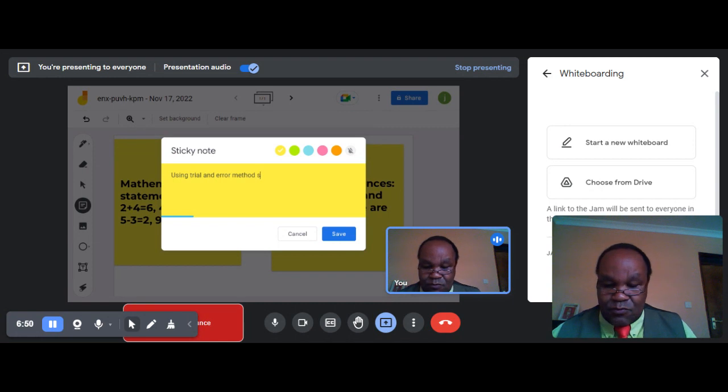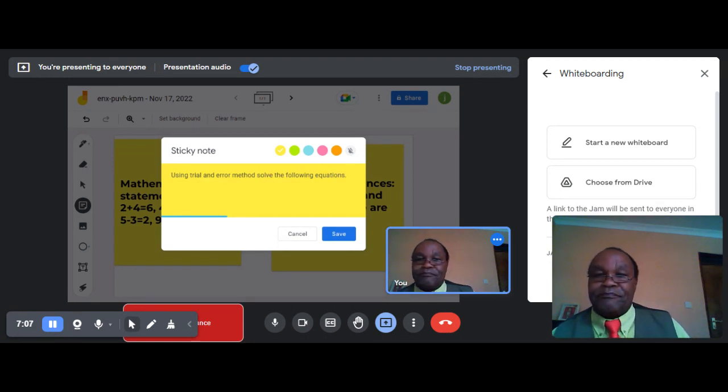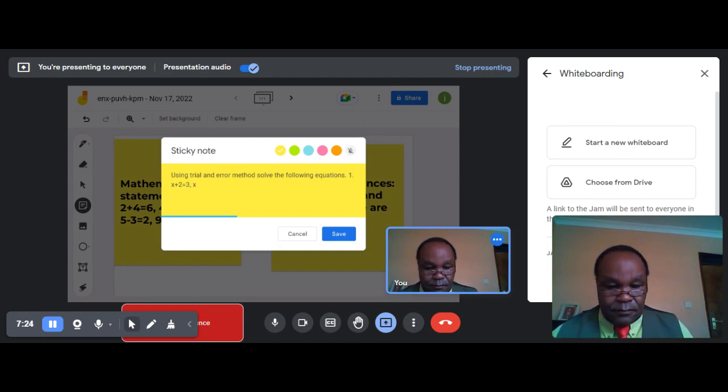Solve the following equations: 3x plus 2 equals 3, x plus 6 equals 9, and x plus 9 equals 13.